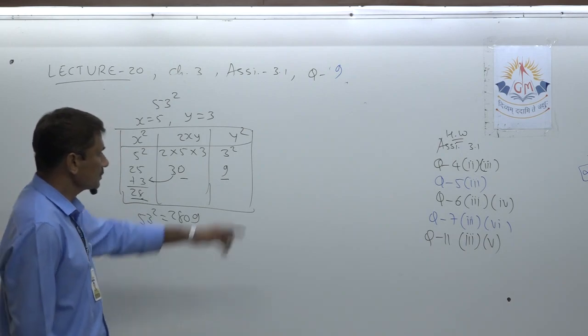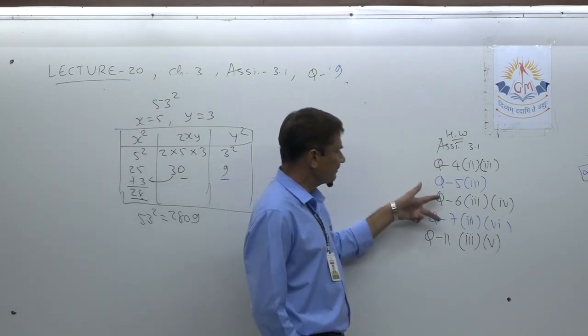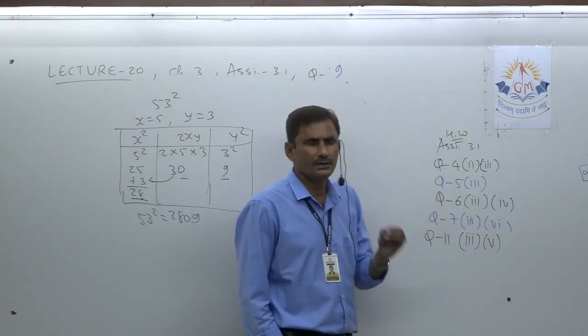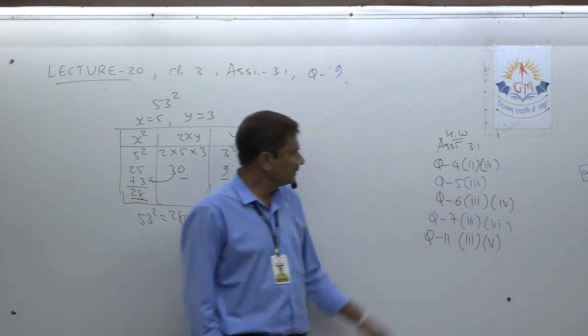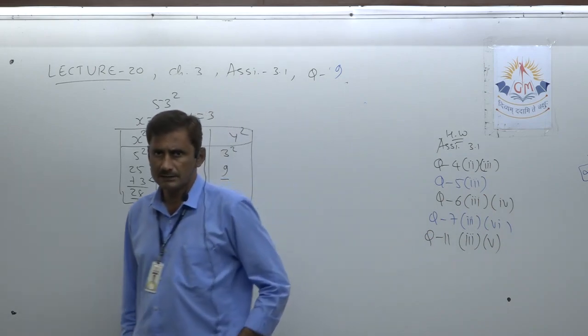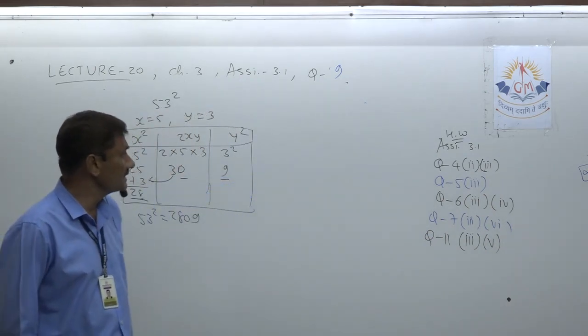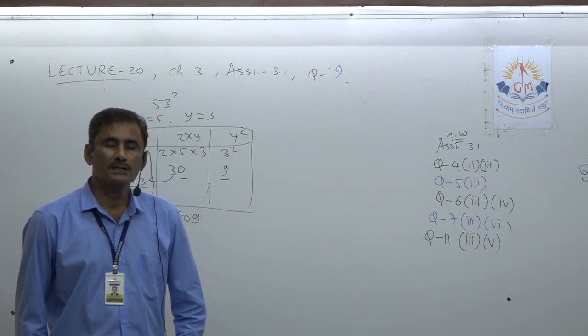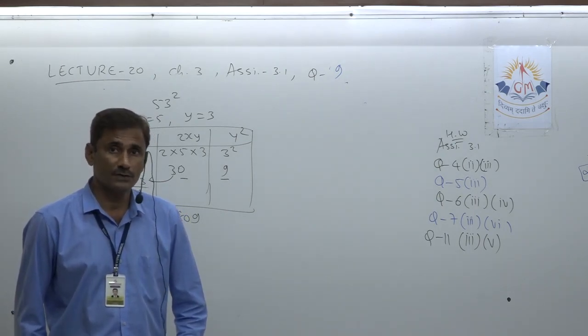Many questions are there, but they are very simple and short. Just 2, 3, 4, 5, 6, 7, 8, 9, a total of 8 or 9 sums are there, that you have to solve in today's homework.